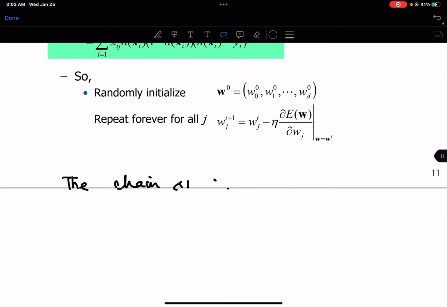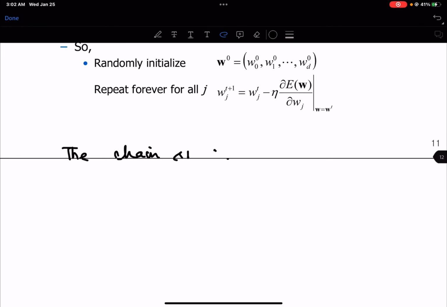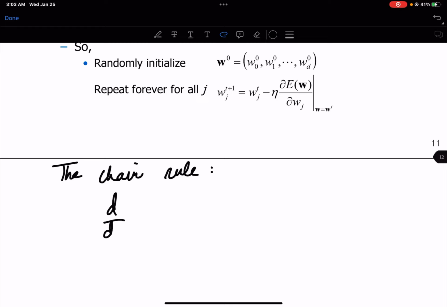And how can we write that? The basic definition of the chain rule is that you take the derivative of f of g of x.